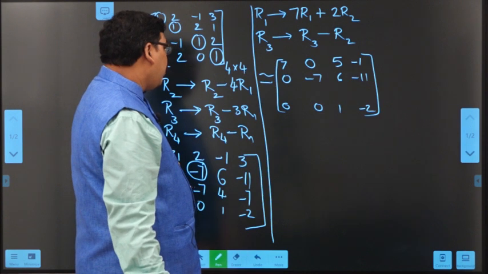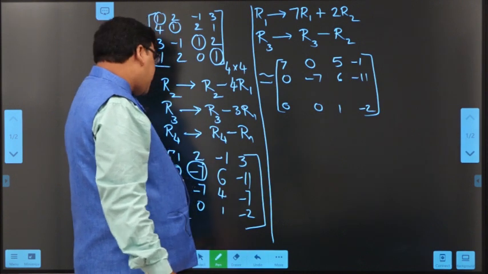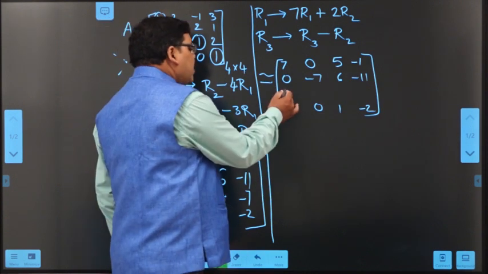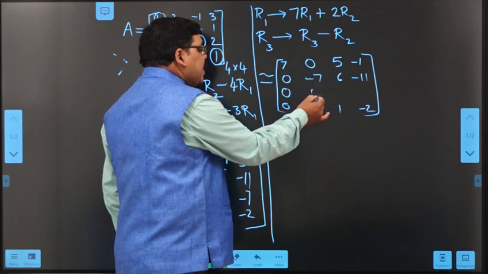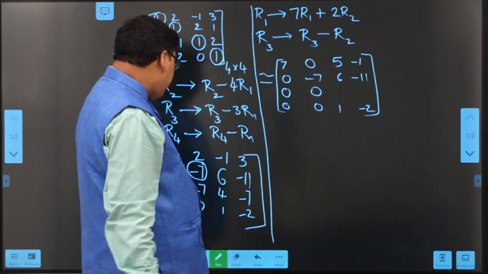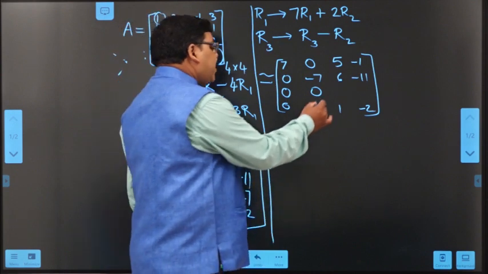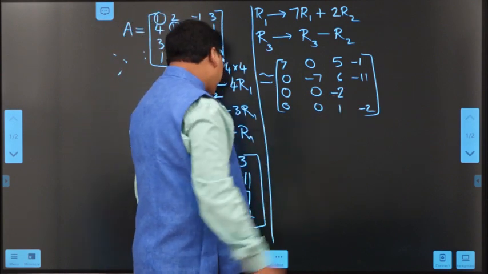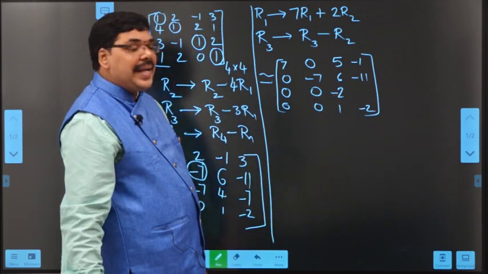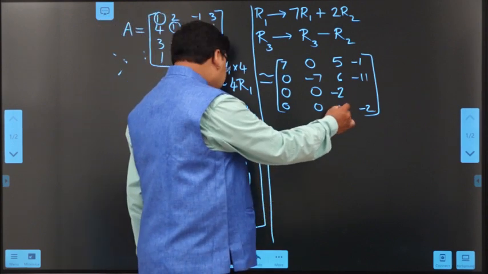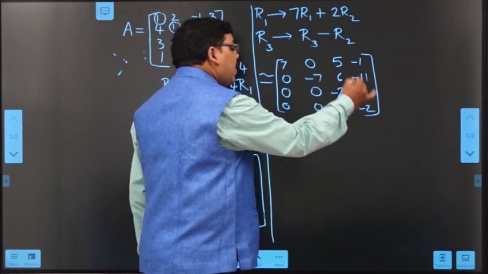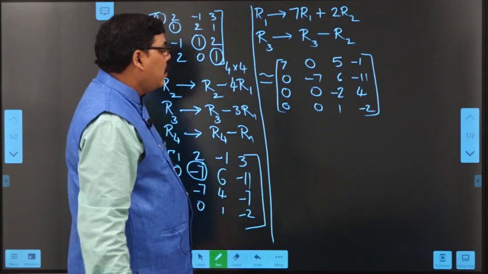Come to the third row. How does the third row change? R3 minus R2: 0 minus 0, 0, minus 7, minus of minus 7, 0, 4 minus 6, minus 2, minus 7, minus of minus plus 11. So 11 minus 7, 4.